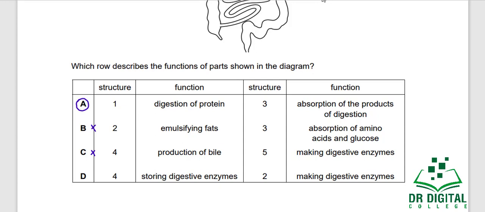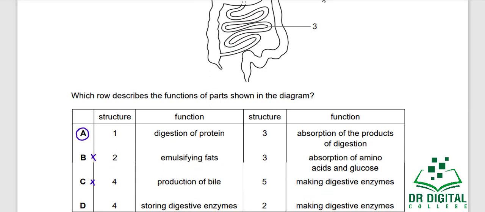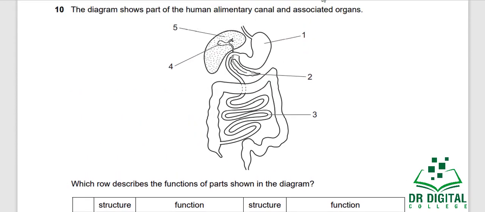Similarly, for D, it is for storing the digestive enzymes. 4 is the gallbladder. Gallbladder is not storing any digestive enzymes. Then 2 is making digestive enzymes. Yes, 2 is making digestive enzymes because it is the pancreas. 5 is making digestive enzymes? You know that 5 is the liver.